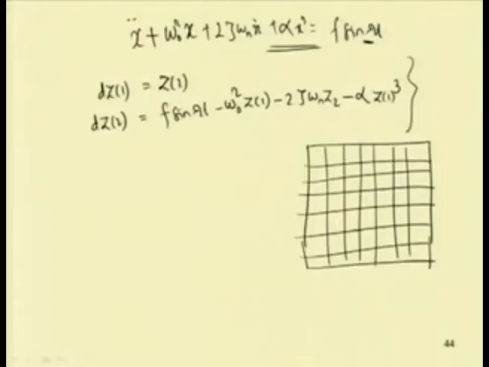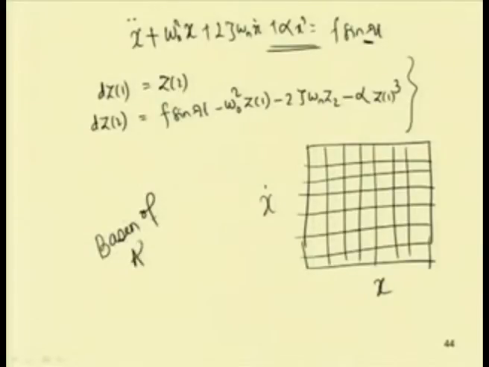By using the Runge-Kutta method, one can find the steady state solution, and as it has several solutions, depending on the initial condition, it will go to a particular solution. So, this plot which shows the variation of the trajectories depending on the initial conditions is known as the basin of attraction.